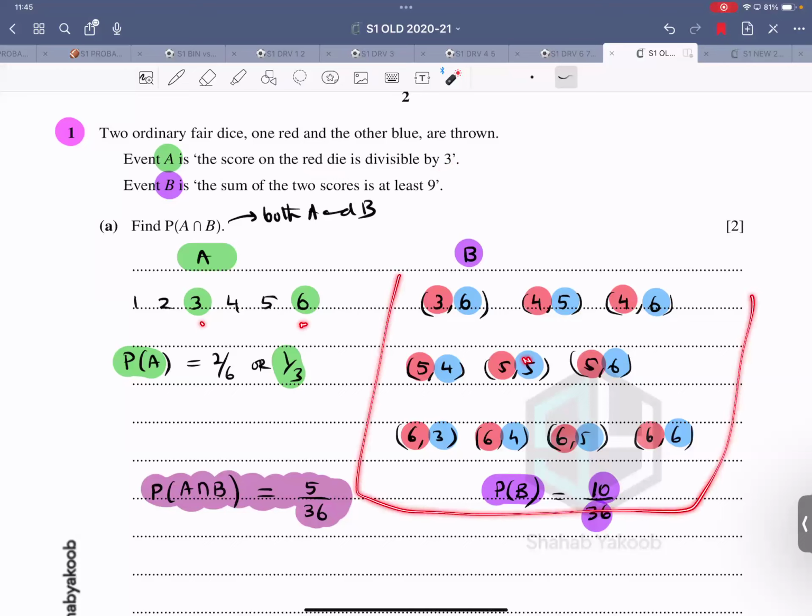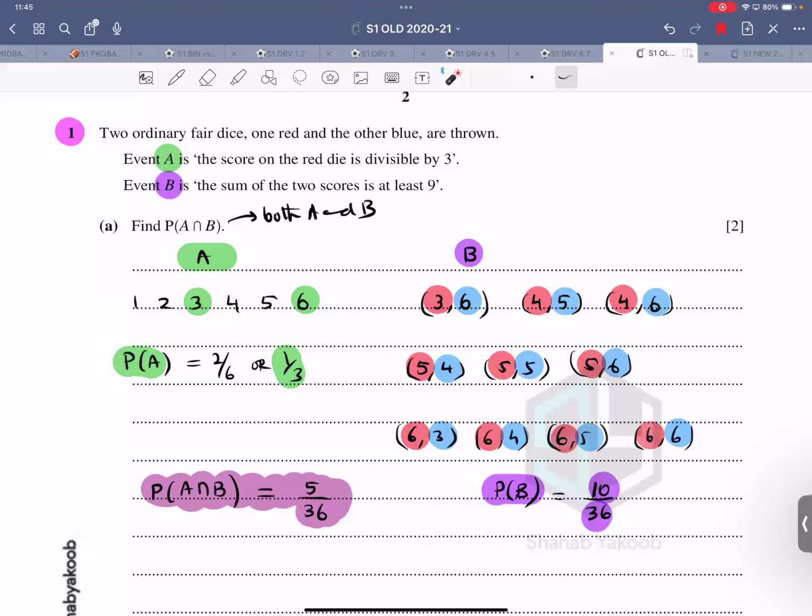The options are already written over here. So look over here, the number on the red die is divisible by 3. That's one option. This is 1, this is 2, this is 3, this is 4, this is 5. From these 10 possibilities, there are 5 options which are divisible by 3. So this comes out to be 5 over 36.